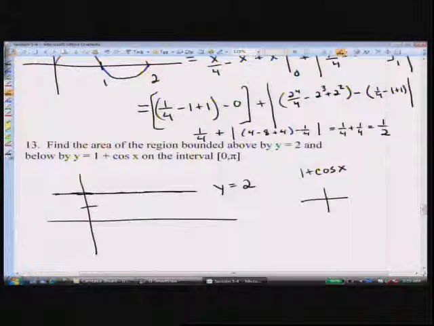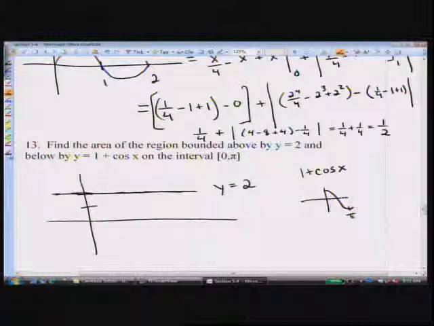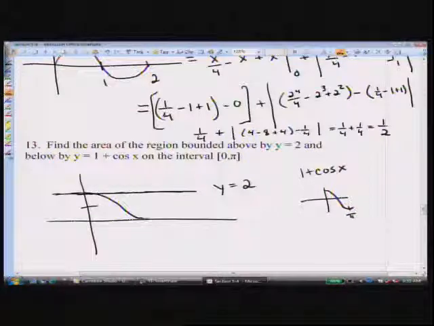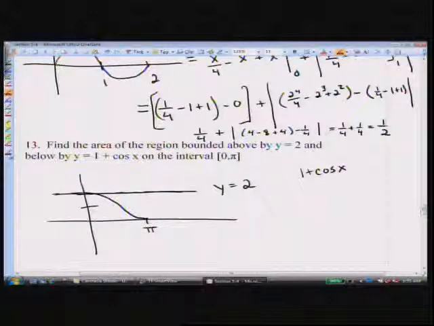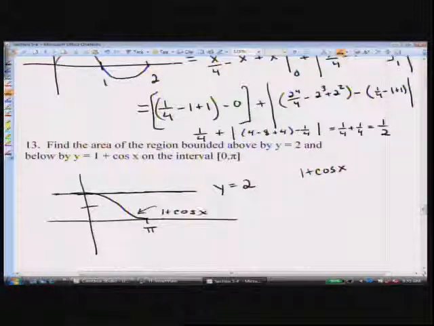So the function decreases down like that, and that's where it is at pi, if I were just looking at cosine x. But since I'm adding 1, it's going to actually go up to 2. It starts at 2 and then goes down. So it's going to be like that at pi. That's the function. That's the 1 plus cosine x. That's this curve.